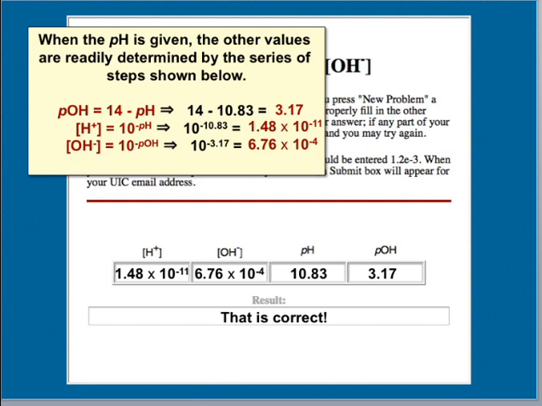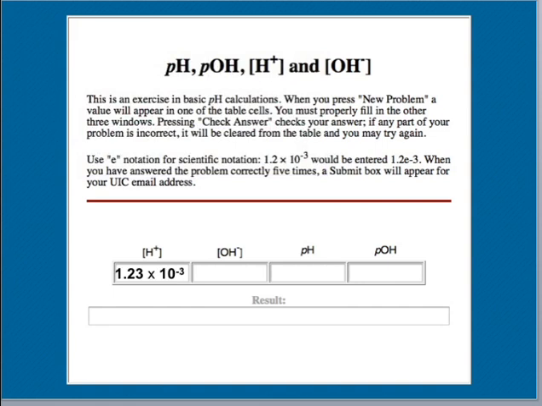Let's do one more. Here I am given hydronium. I know that if I took 10 to the minus 14 and divided it by this guy, I would get hydroxide. Correct? We know that.